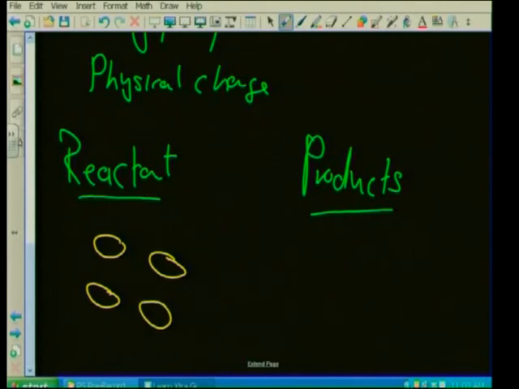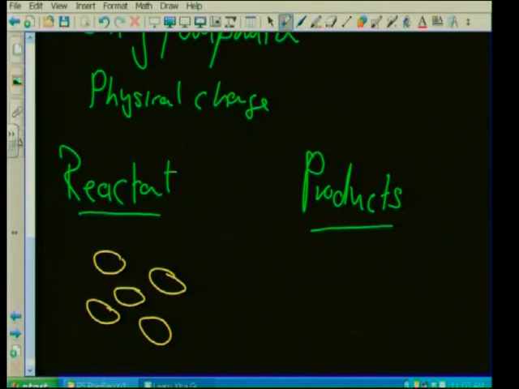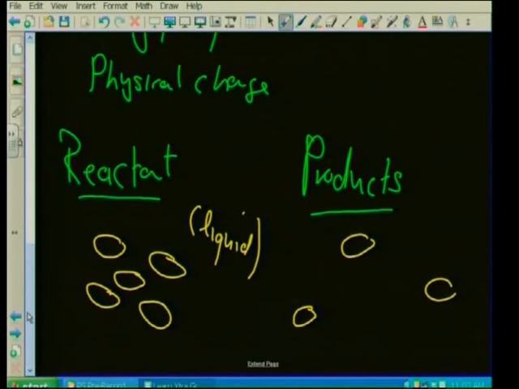Starting as a liquid, these are quite close together, but when they become a gas, so this is liquid, and this is a gas, what can we say? They're going to be further apart from each other. But we need to remember that they're the same number. They haven't changed size. All they've done is they've moved apart. So from there to there, we've gone from liquid to gas, and it represents the change that has happened, a physical change. Let's go to the next one.